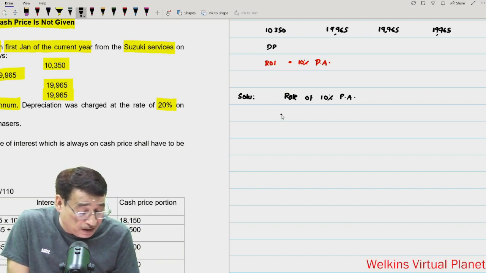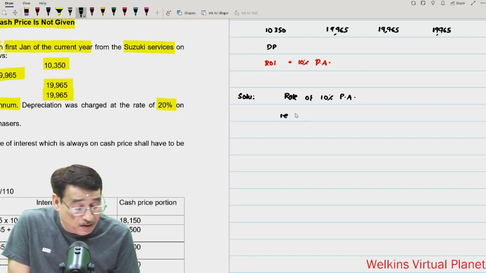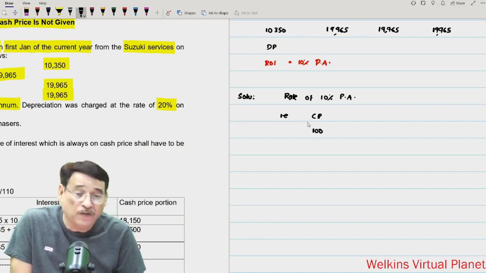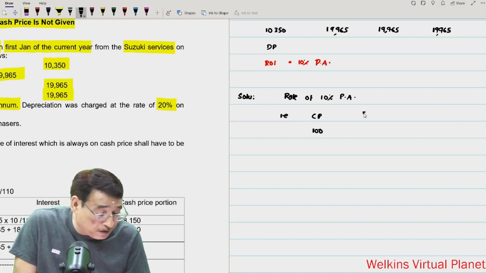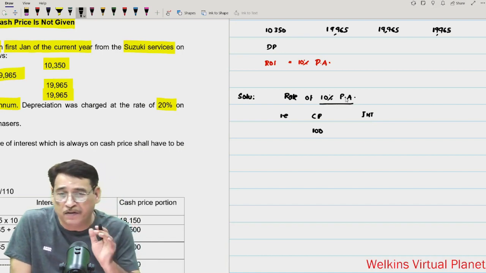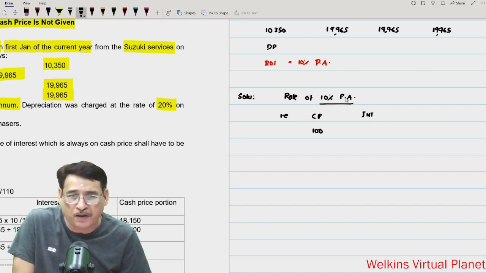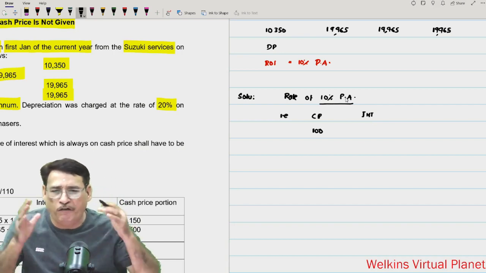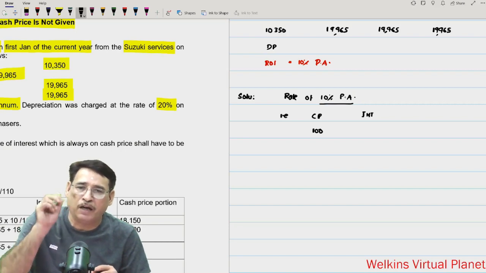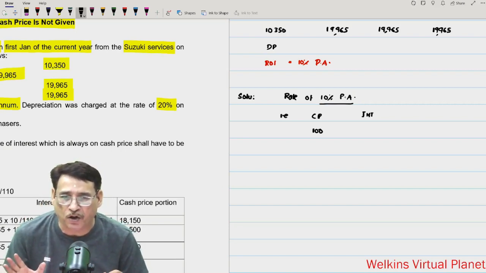It means that if cash price is 100, then your interest is 10. That means rate of interest is always on cash price. This is the first thing which you need to understand, correct? Rate of interest, whenever it is given, it always means the rate of interest is on cash price. Is it clear to you or not?